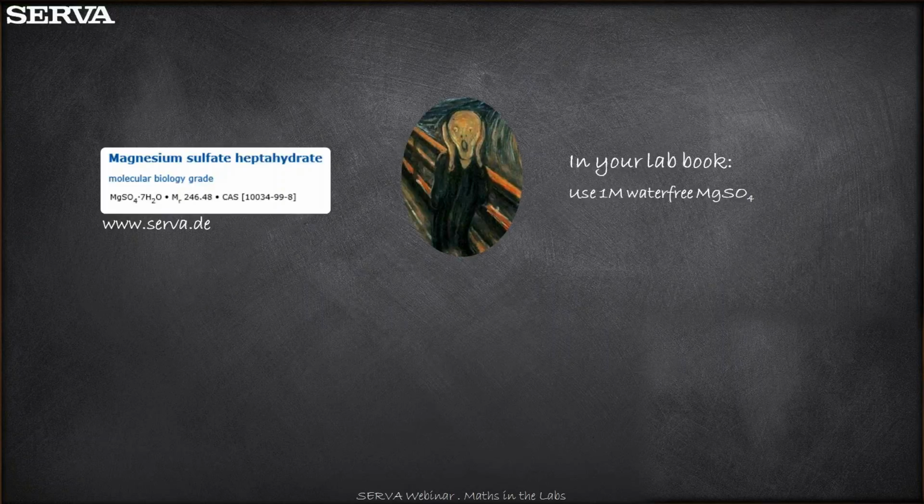So now imagine you ordered something at our online shop at Serva, and you ordered magnesium sulfate, and you get it, and you read in your lab book, use water-free magnesium sulfate for your buffer. And you say, oh no, I have not ordered water-free, I have ordered the heptahydrate. Damn, what to do?